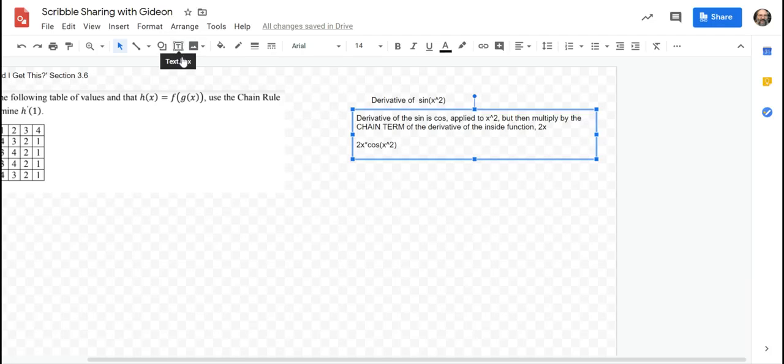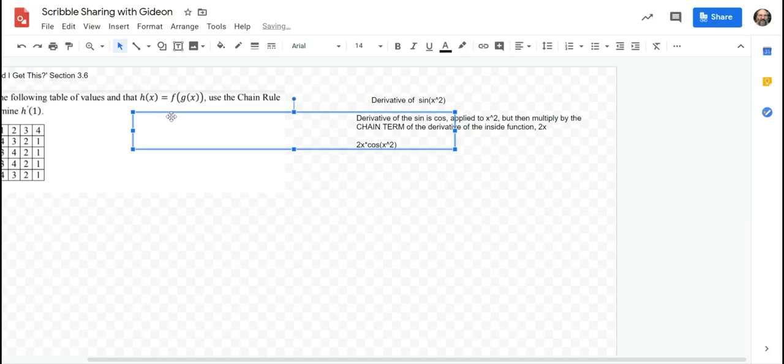So that's exactly how we find h prime. H is made of two functions. So h prime, the derivative of h, well, h is made of two functions. There's the outside function, and like before, we have to take the derivative of the outside function. There it is, f prime. And we apply it to the old function without changing it.